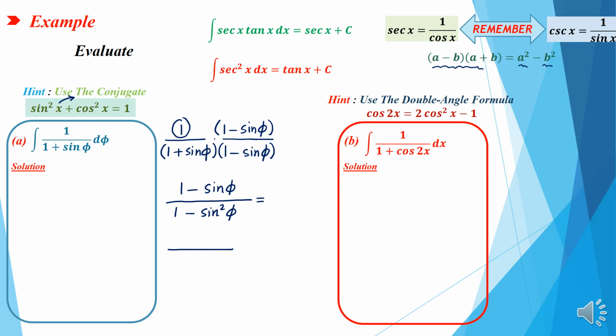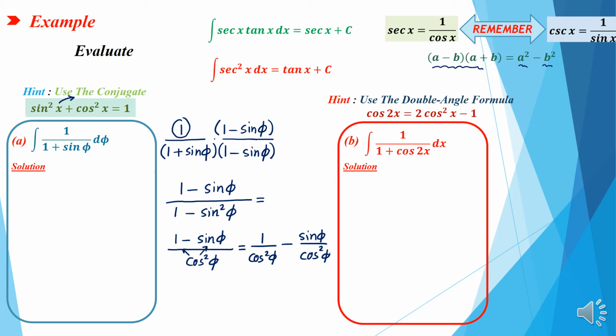So the simplification in denominator is cosine squared of phi, and up we have 1 minus sine of phi. Now you have to distribute the denominator over all terms of numerator, and you will get 1 over cosine squared of phi minus sine of phi divided by cosine squared of phi.